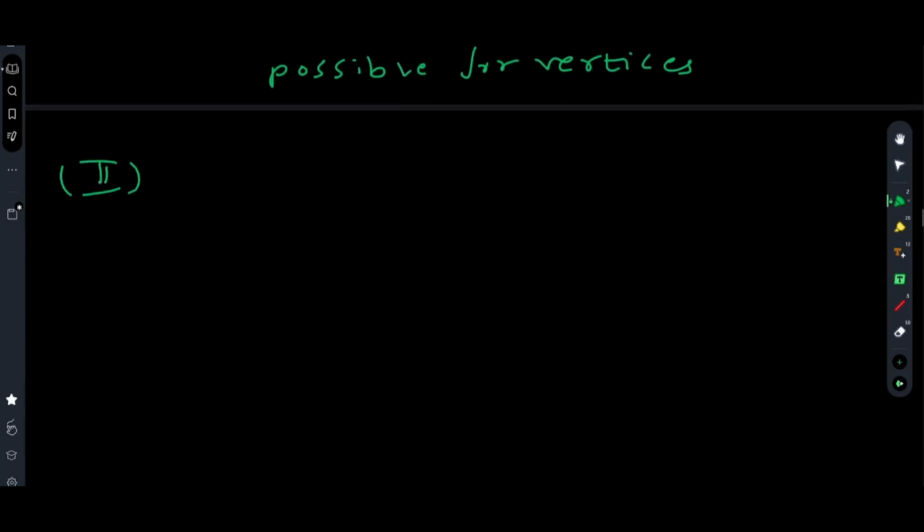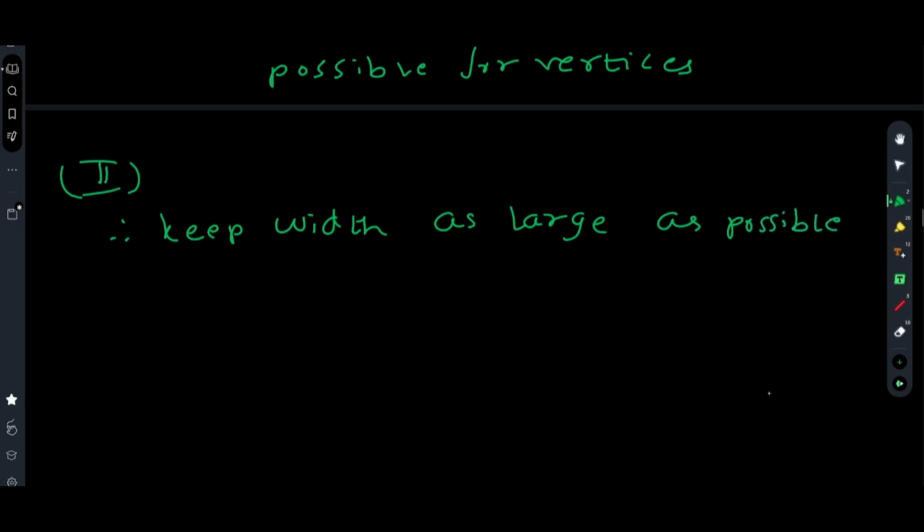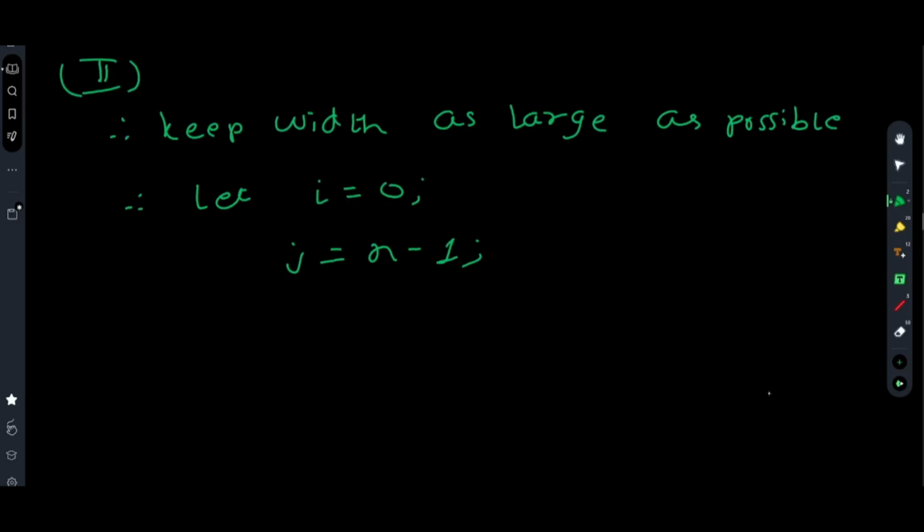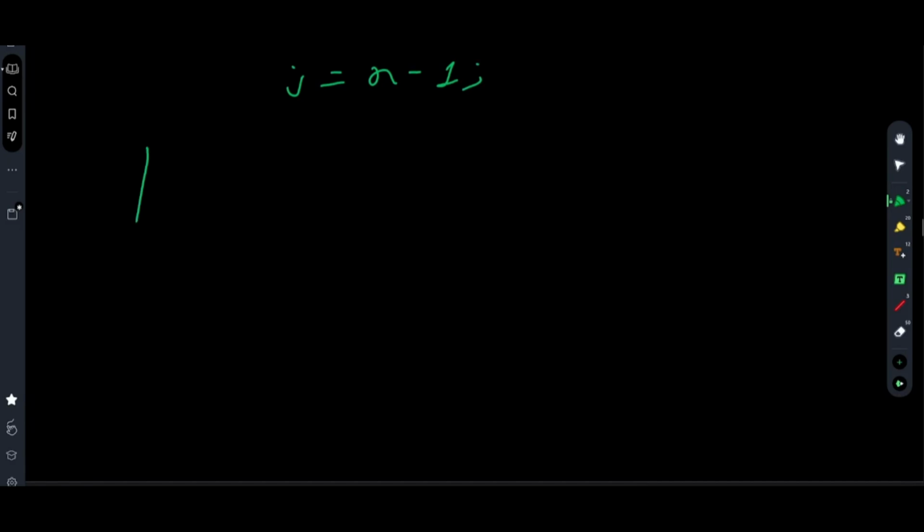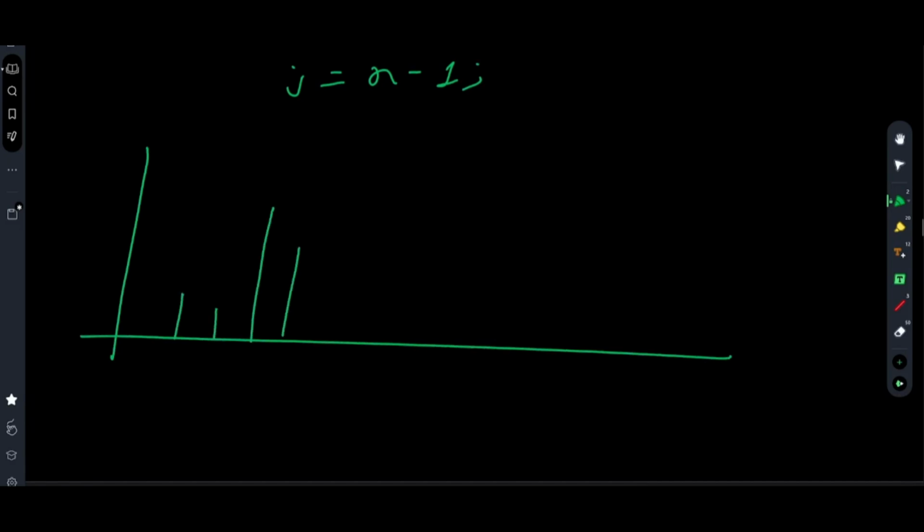Let us start with condition 2 first. Keep the width as large as possible. Therefore, let i equals 0 and j equals n minus 1, so that you keep the width as maximum as possible.